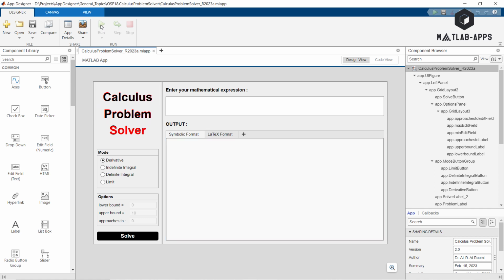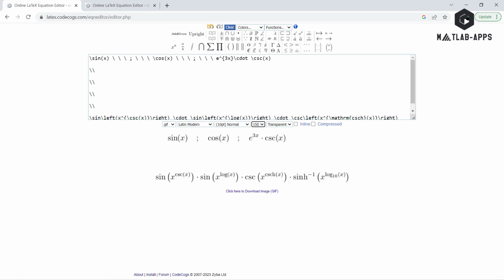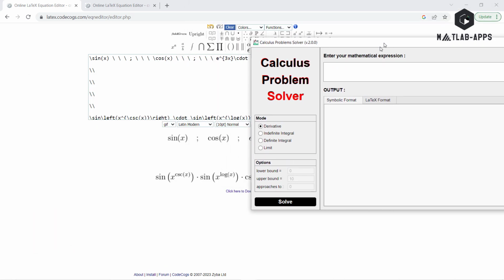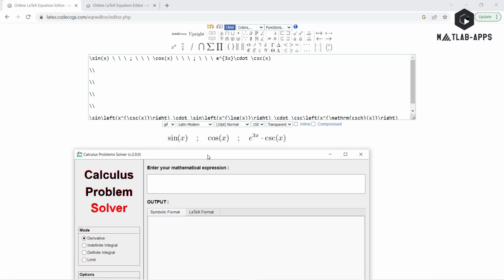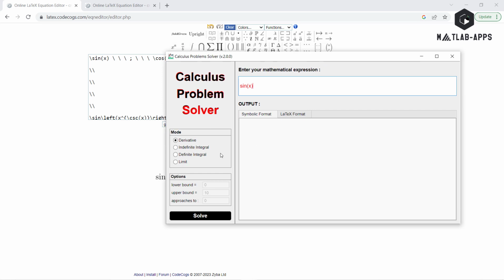Let's run it. And let's also open an online LaTeX editor. We can see our program here. And let's solve these problems. Okay, sine x. First, sine x. Okay, and let's see the derivative. The derivative should be cosine x.